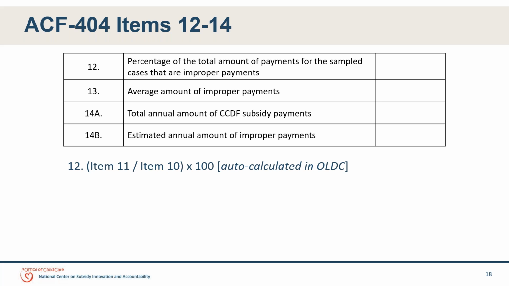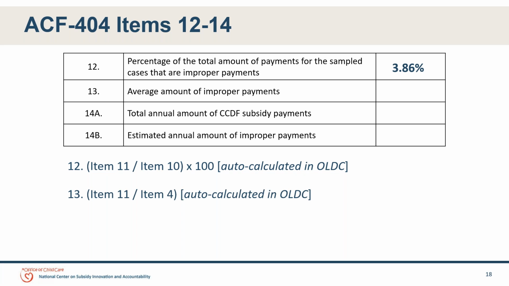It's dividing item 11, which again is your total amount of improper payments, by item 10, which is your total amount of payments for the sampled cases. In our example state, that comes out to 3.86%. Now, as a side note, if this item had been above 10%, then the state would be required to submit a corrective action plan.